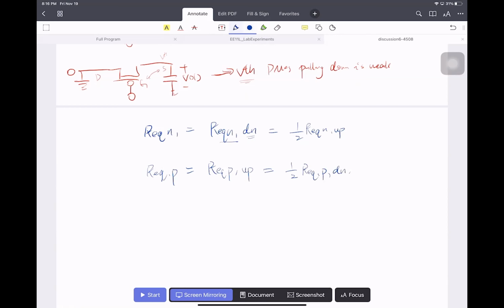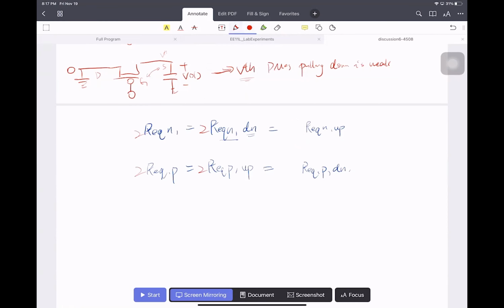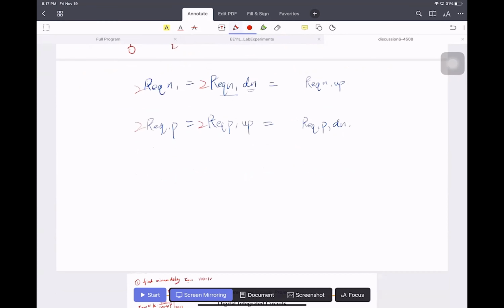So we can move the factor half in front of those two, and use this. Similar for the other case. Multiply them by 2 together. So here's the resistance when it's pulling up and pulling down.